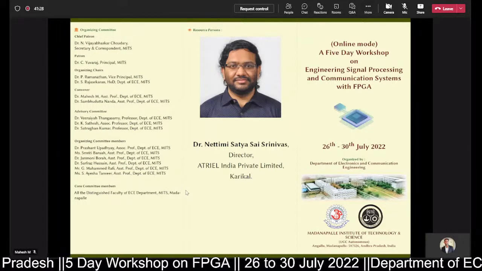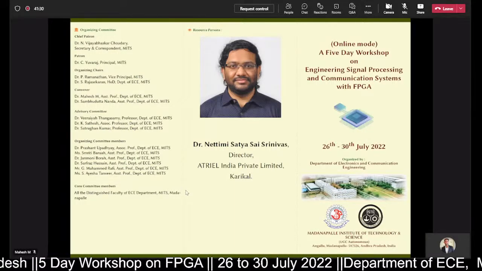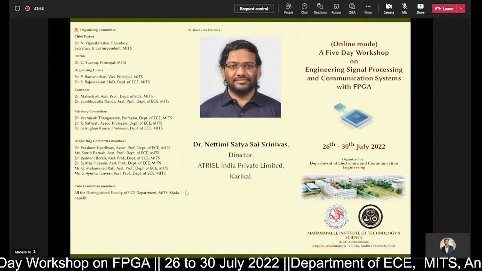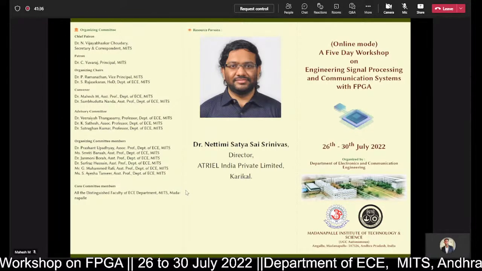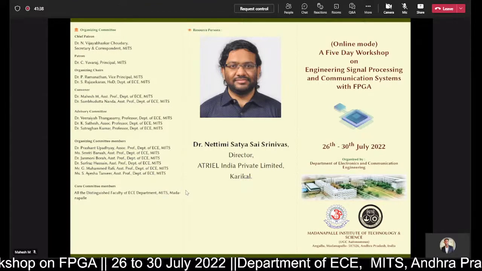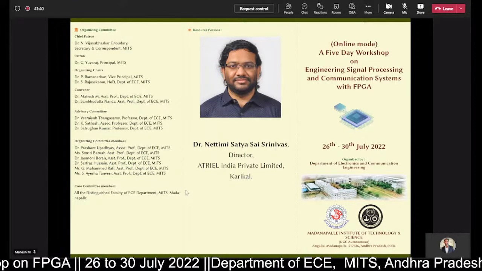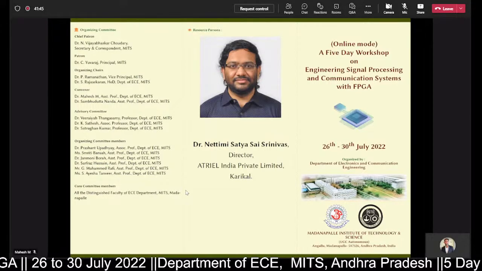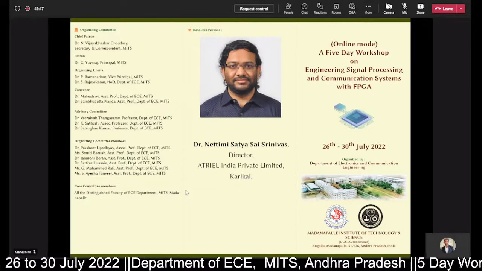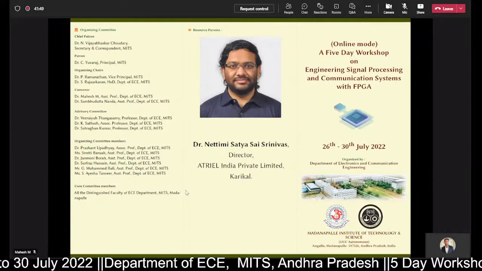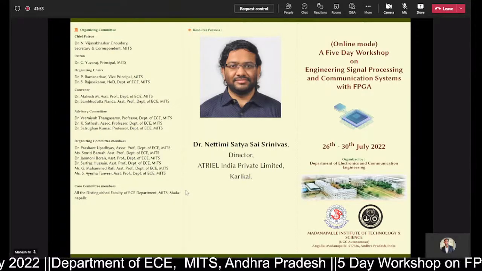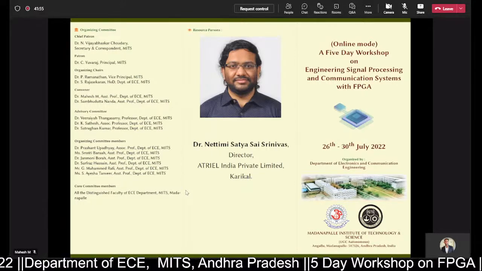As the title of our FTP goes, engineering signal processing and communication systems with FPGA. In today's example, I will give a problem statement related to digital signal processing, and with that problem statement, we will see how to develop a custom hardware architecture that addresses the given problem.